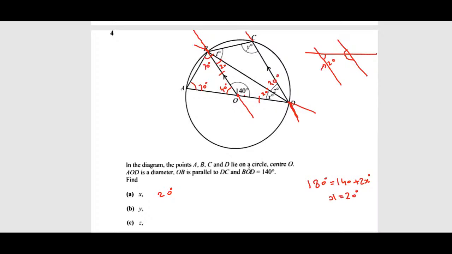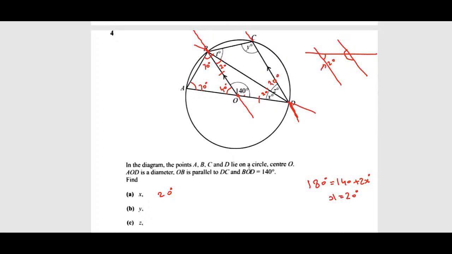Okay. And then, yes. Now we can calculate the angle Y very easily.